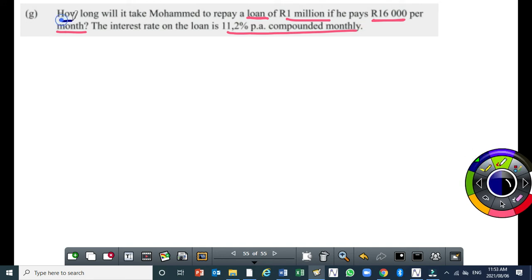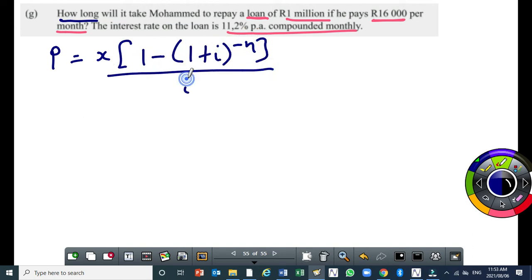So the word how long means time. So that's N now. If any question says how long, it means time. Therefore, logarithms. So here, we write our formula: P equals X times 1 minus 1 plus i raised to the power of minus N, all over i.